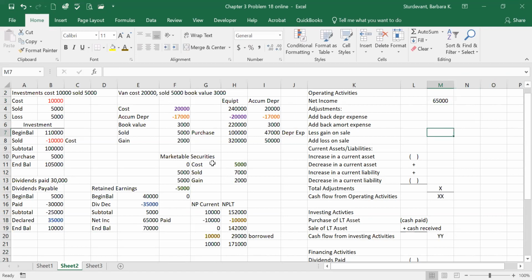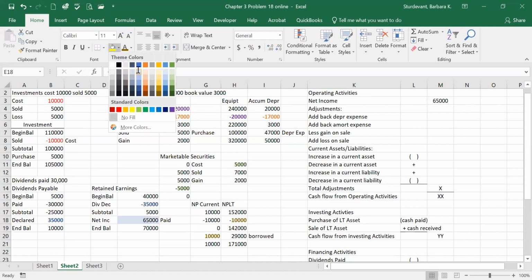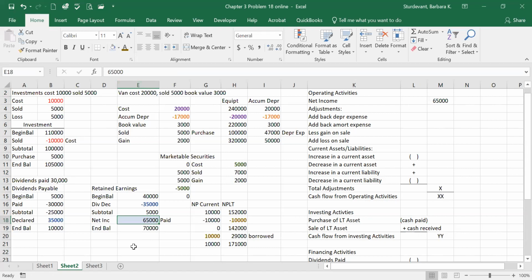Okay. So here's what I'm going to do. I'm going to say, okay, we did that. We'll fill it in when it's done. All right, depreciation expense. Where are we going to get that?